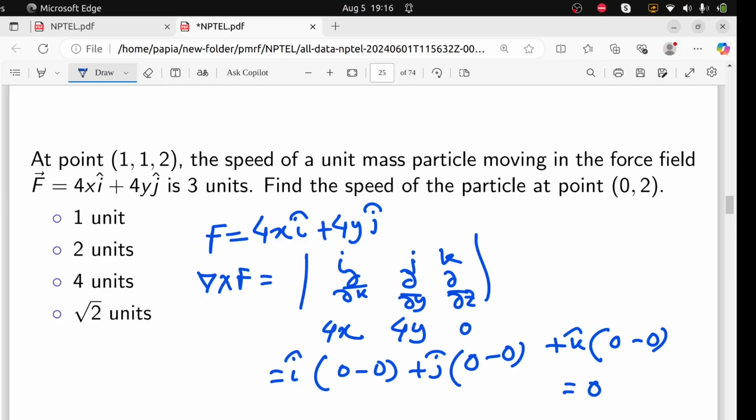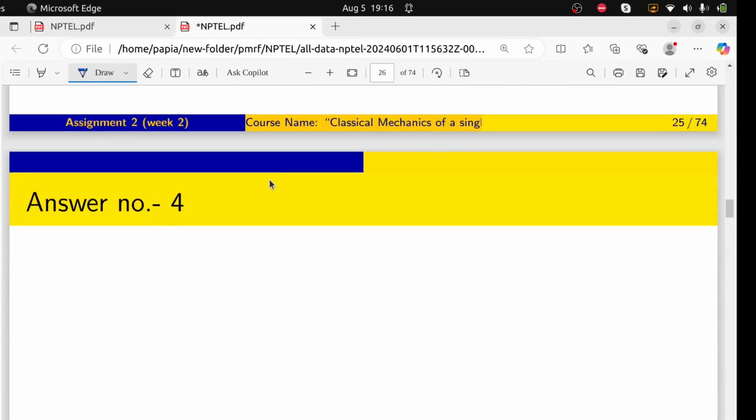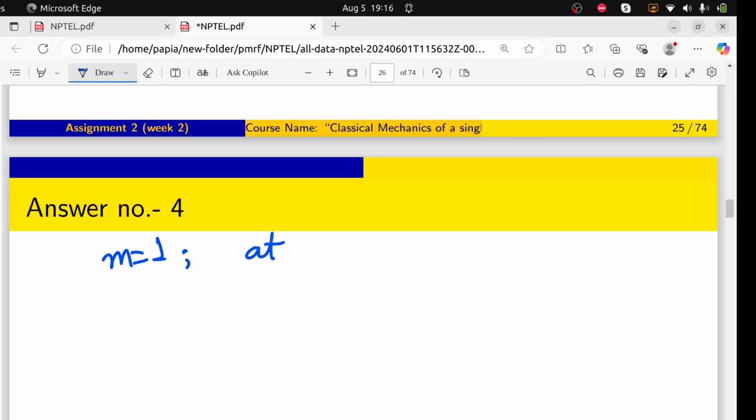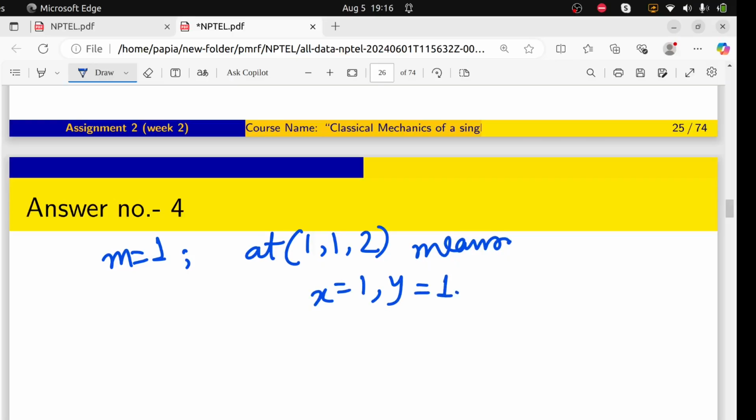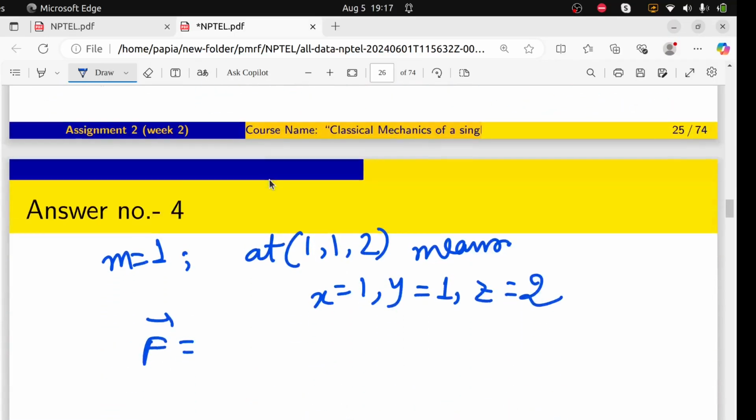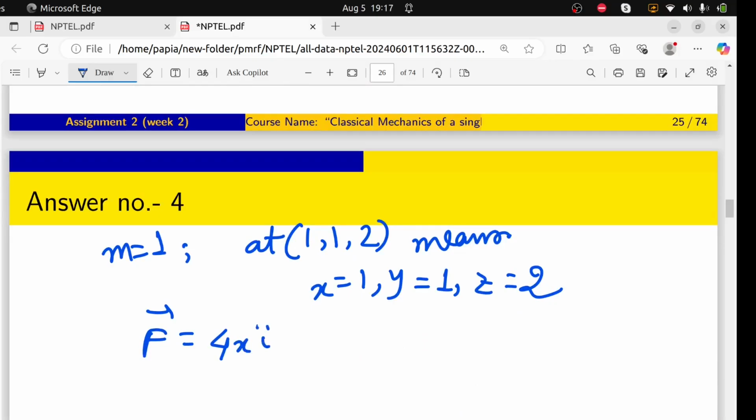The speed of a unit mass particle, so m equals 1. At 1, 1, 2 means x equals 1, y equals 1 and z equals 2. And our F is 4x i cap plus 4y j cap.